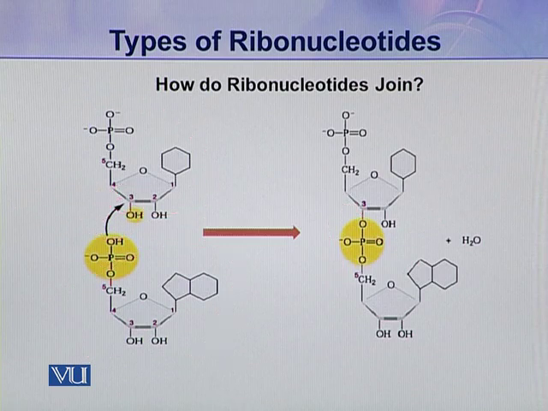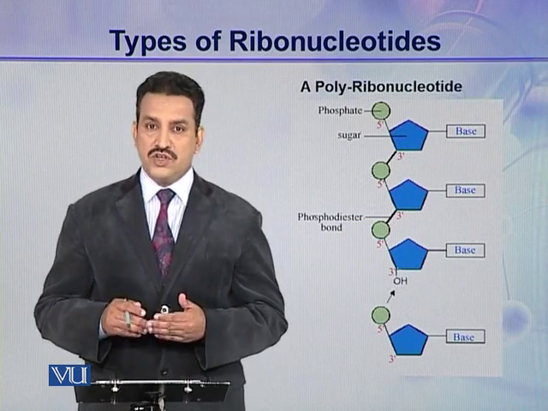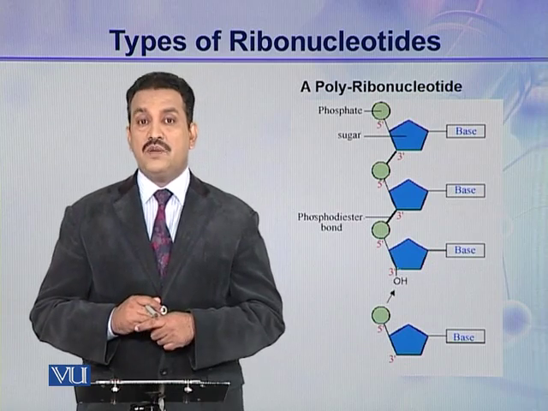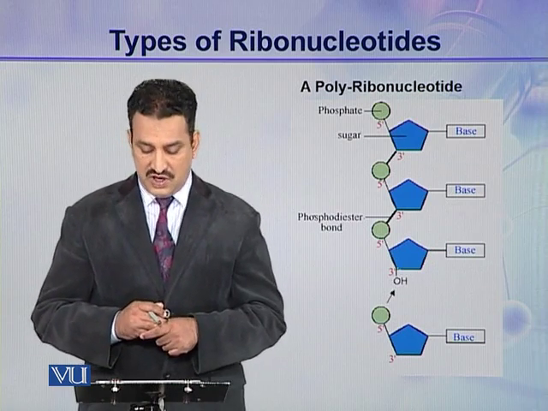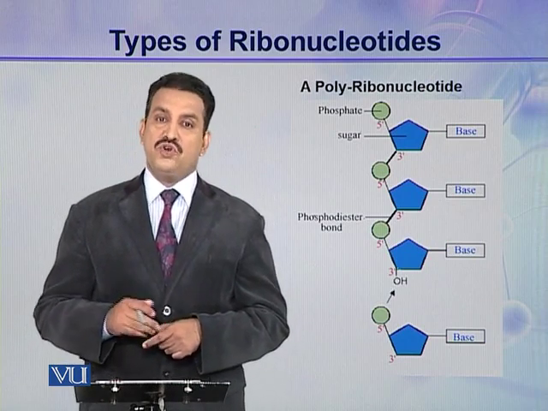So in this way, a polymeric compound consisting of many ribonucleotides is formed. Many ribonucleotides join together and make a polymeric chain, which is called a polyribonucleotide or a ribonucleic acid.